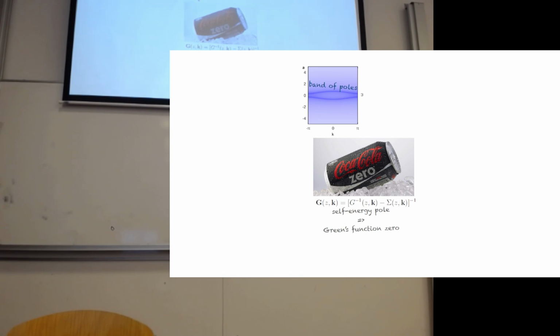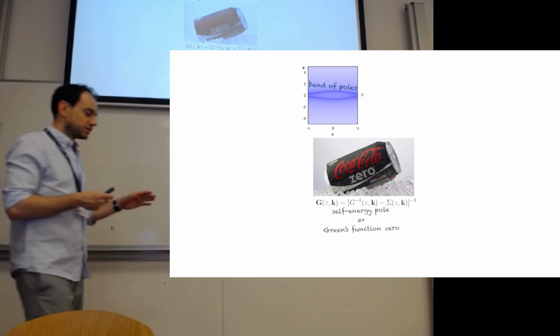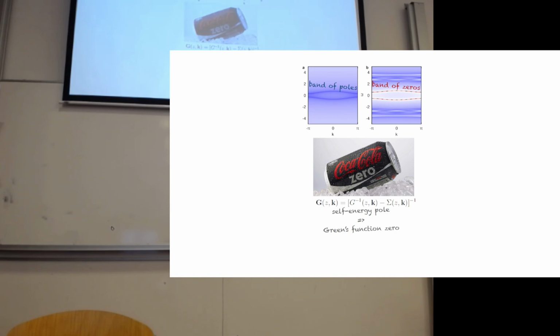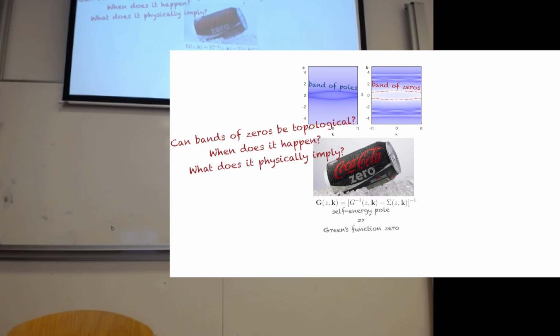And then you can start to ask this question at each point in energy versus momentum, and trace the zeros of the Green's function. So then you get something of this type. So here in red is the position in energy versus momentum where the Green's function is zero, and under very mild assumptions, these zeros form also continuous bands, just for the same reason as poles form continuous bands. And then you can ask the question whether these bands of zeros can be topological. Topological in the sense of band structure topology. And when does it happen, and what does it typically imply?